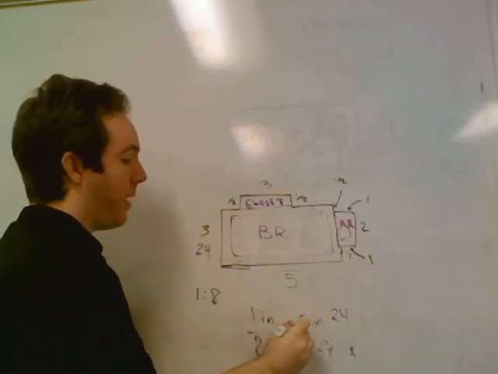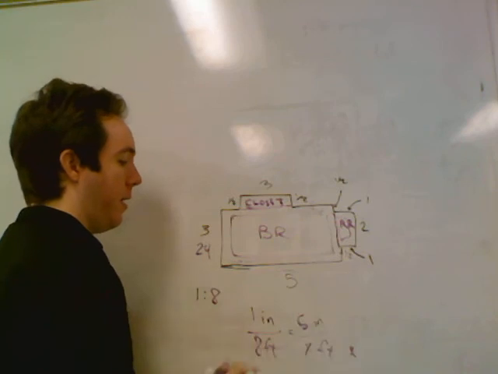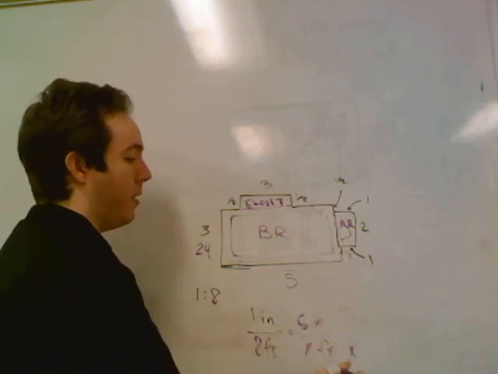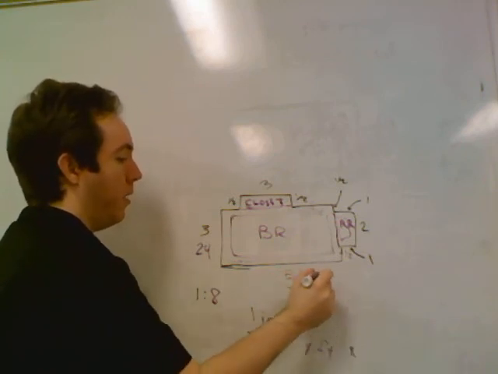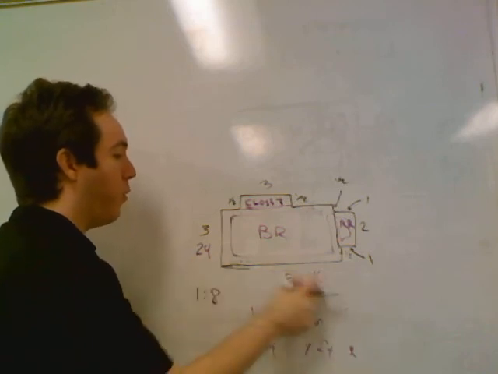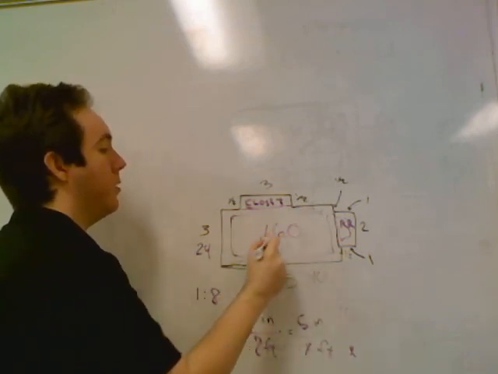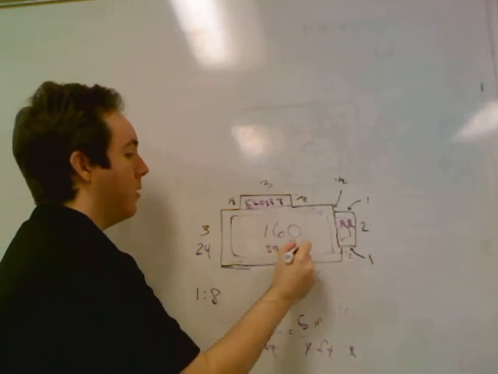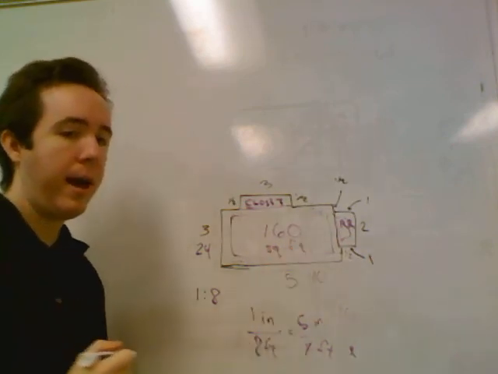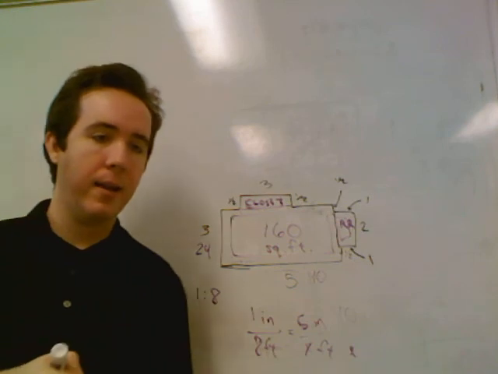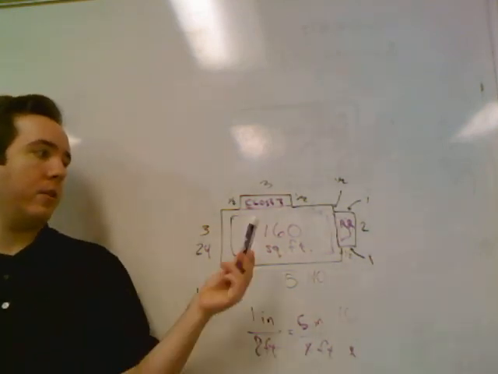If I make this a 5 for this side, I do 8 times 5 is 40. So x equals 40 here. So this side is 24 times 40, which is 960 square feet. Okay? Now that gives you that side, this chunk of it.